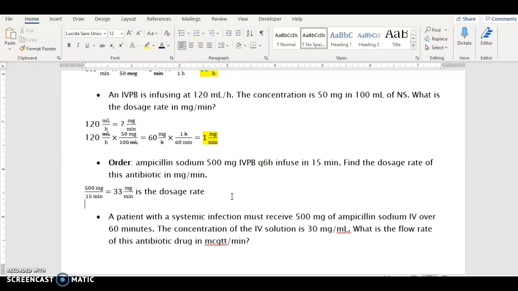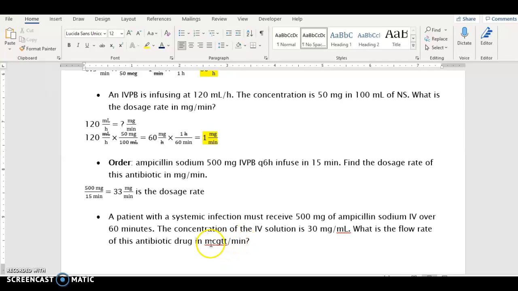So let's look at the next one. A patient with a systemic infection must receive 500 milligrams of ampicillin sodium IV over 60 minutes. The concentration of the IV solution is 30 milligrams per milliliter. The problem wants to know the flow rate of this antibiotic in micro drops per minute.